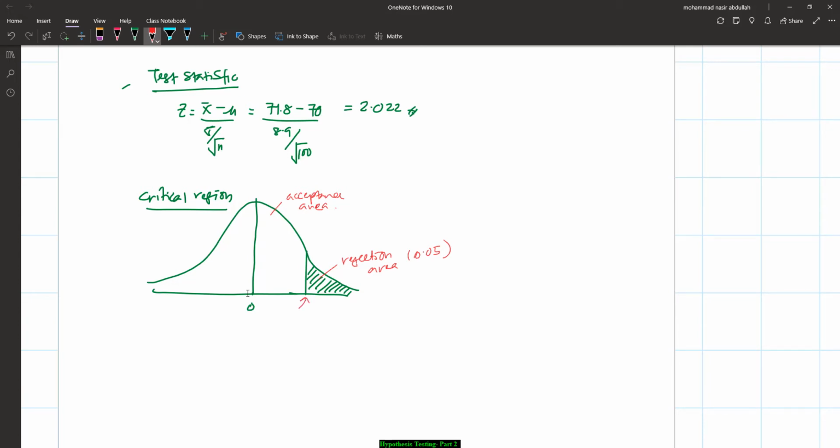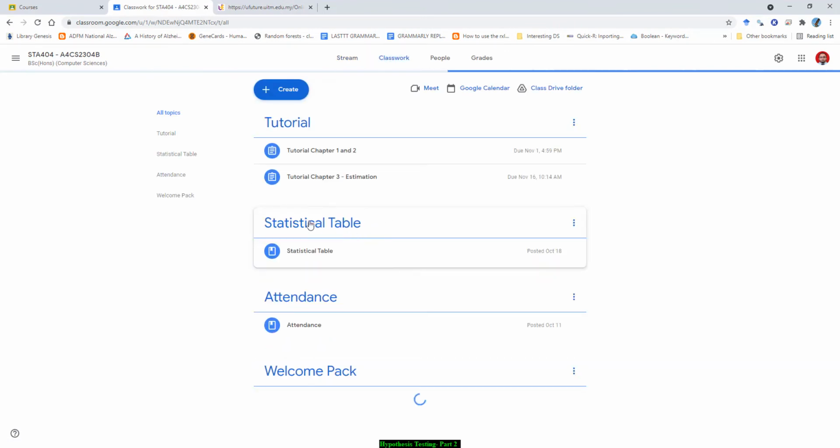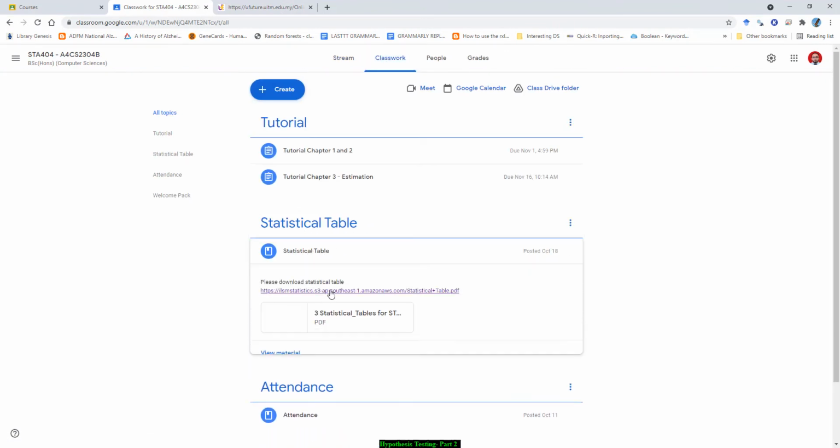So this is Z alpha, which is Z 0.05 equal to 1.644. Berapa? I tak ingat dah. So you look into your table lah, statistical table.